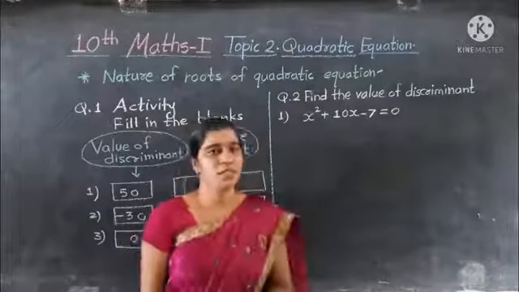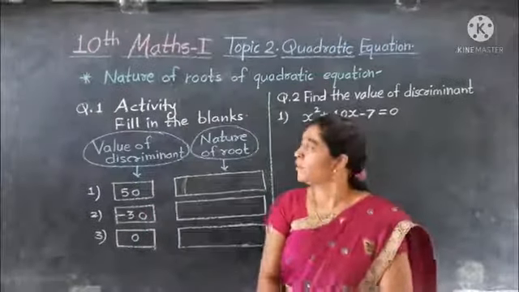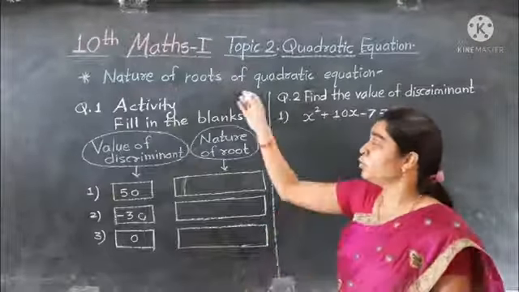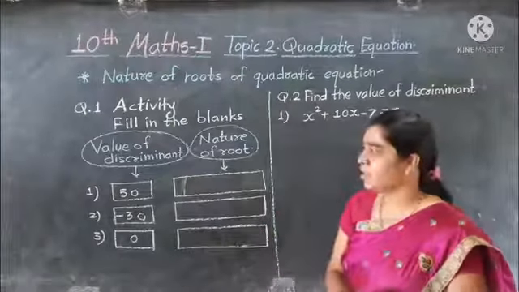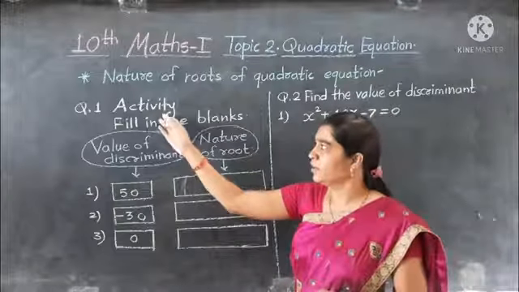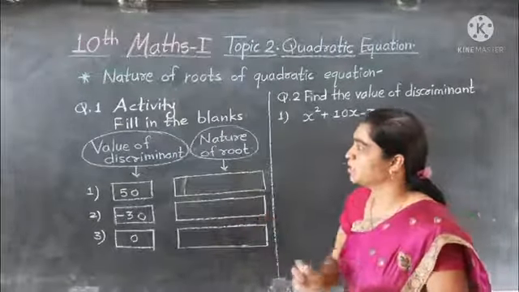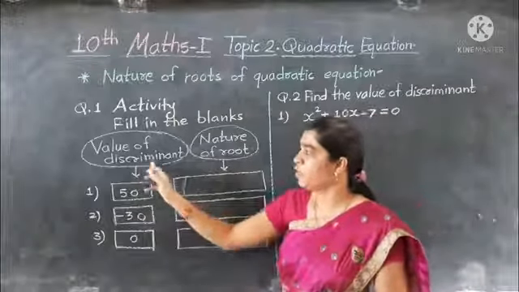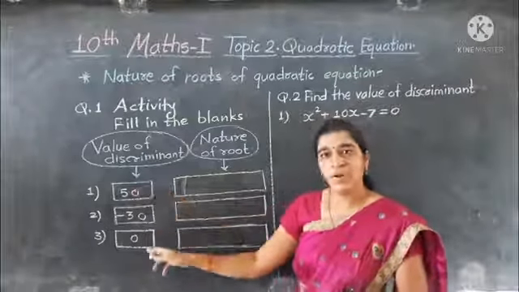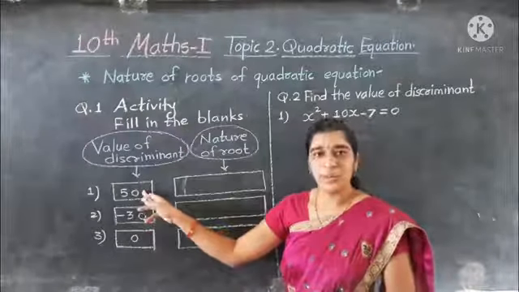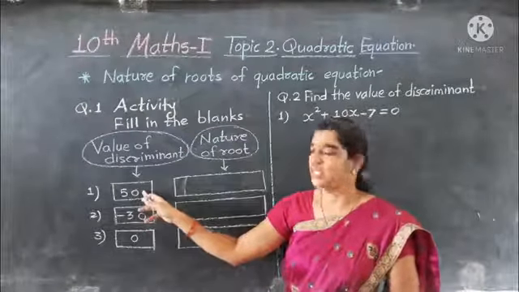Now we will see examples which are based on the nature of roots of a quadratic equation. First, here I have given one activity type question, filling the blanks or boxes. Here I have given the value of discriminant. Value of discriminant means value of delta, means value of b square minus 4ac.